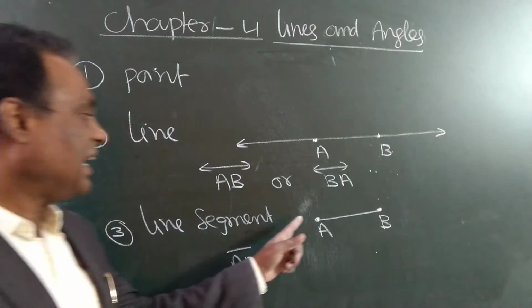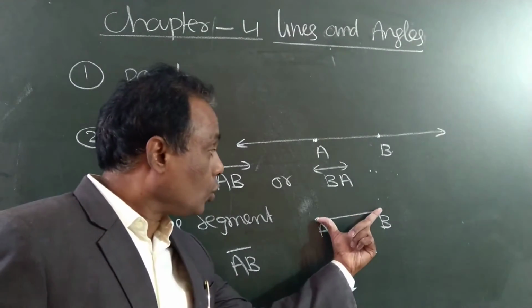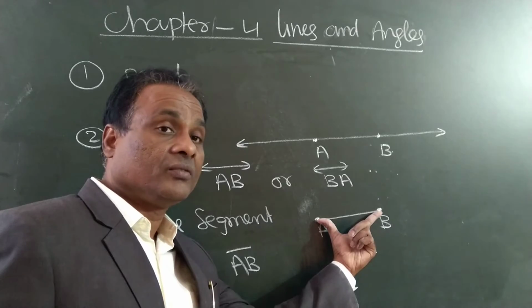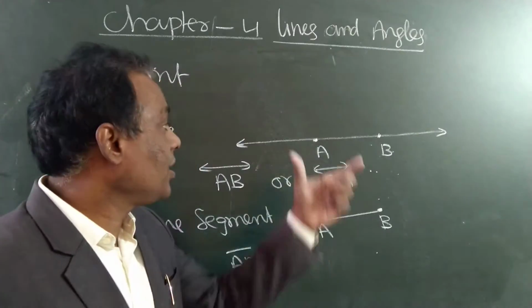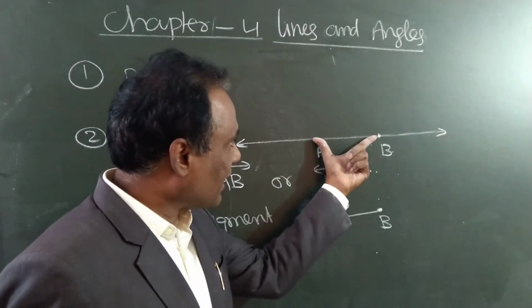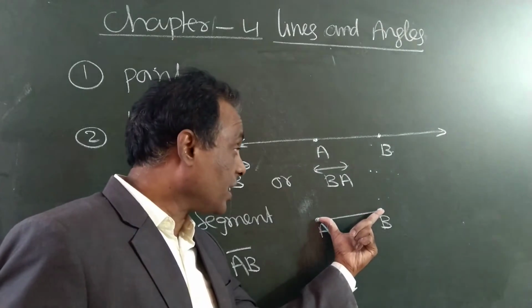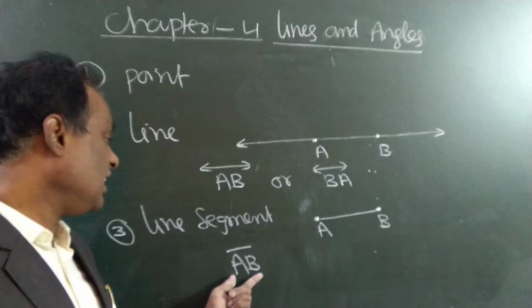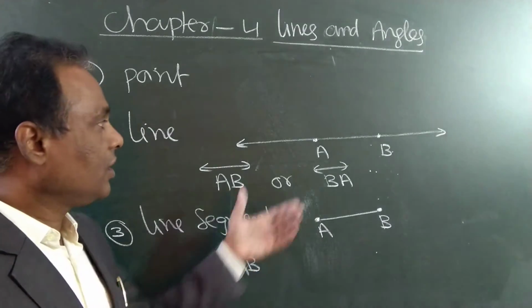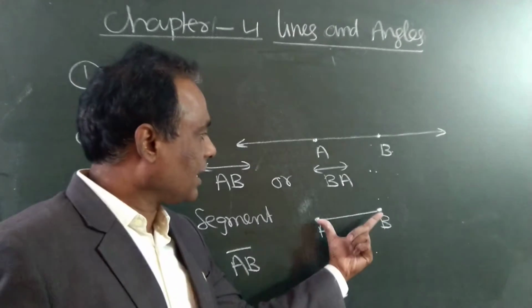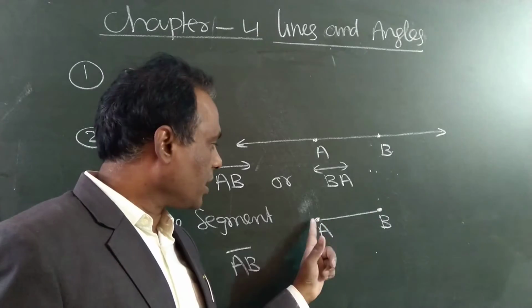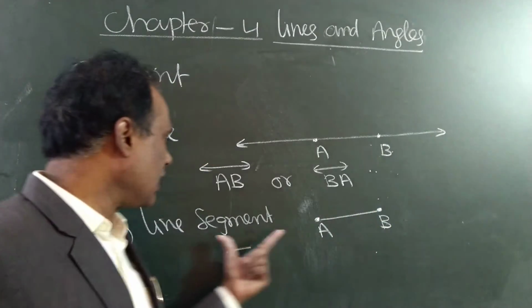A part of the line bounded by 2 points is called a line segment. If we take only a part of the line bounded by 2 points, it is called a line segment.